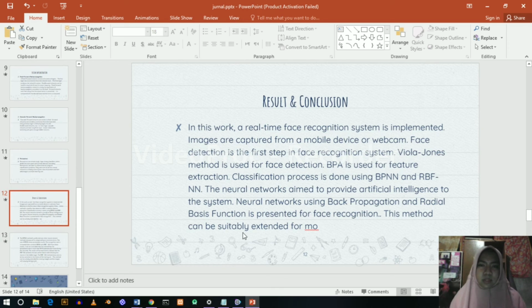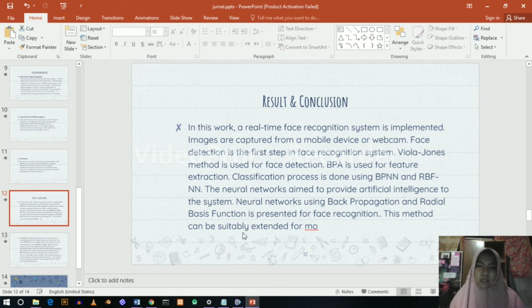Now, result and conclusion. In this work, a face-based recognition system is implemented. It takes a capture from a mobile device or webcam. Face detection is the first step in the face recognition system, while the Viola-Jones method is used for face detection. BPA is used for feature extraction.